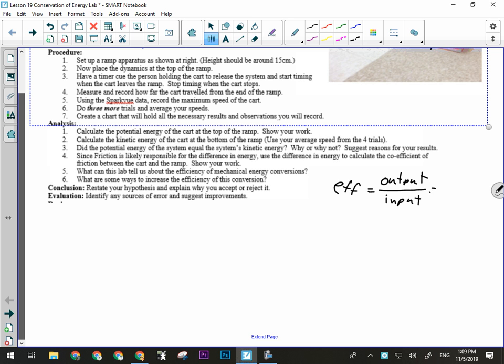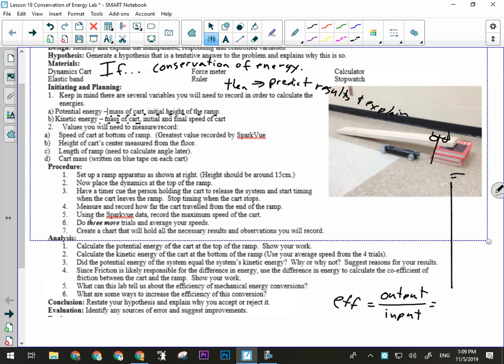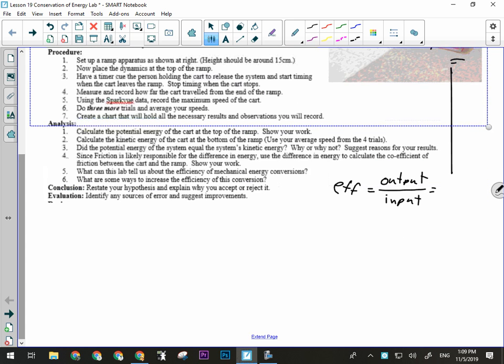For us, that's going to be our kinetic energy divided by our potential. Our potential is the input energy. Our kinetic is our output or final energy. Okay, if you divide those two, you'll get a decimal, like you do when you figure out your percent on the test. Okay, that'll be your percentage of efficiency.